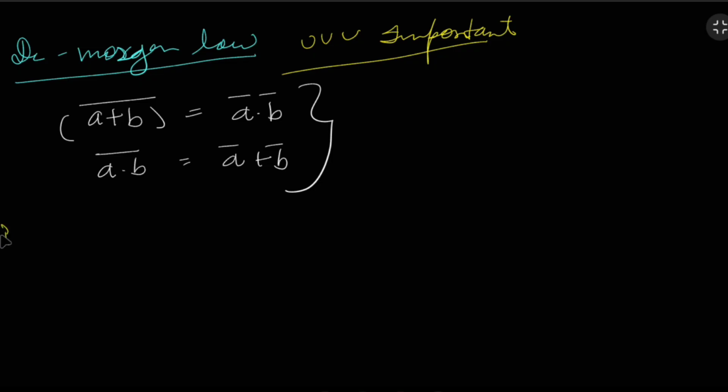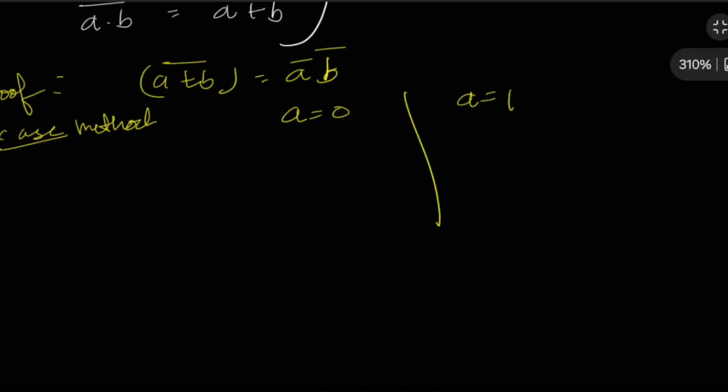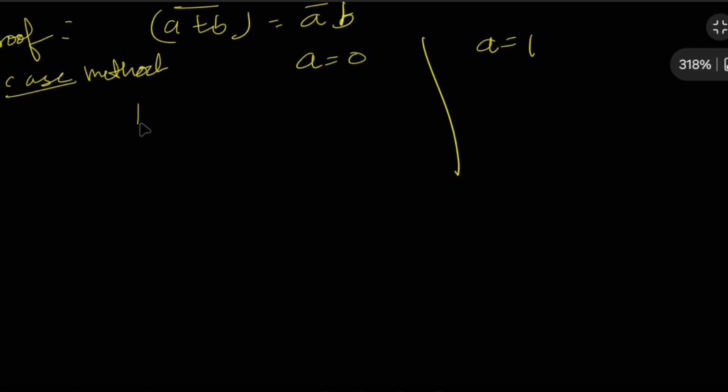For example, (A plus B) complement equals A complement into B complement. Let's prove by case method. So either A will be 0 or A will be 1. In this case, it will be B complement, and RHS will also be B complement.